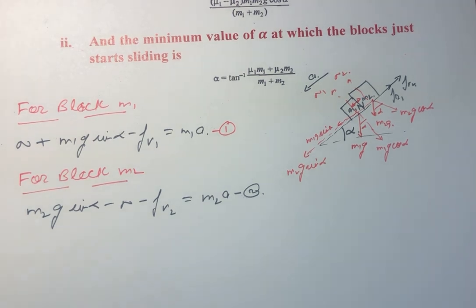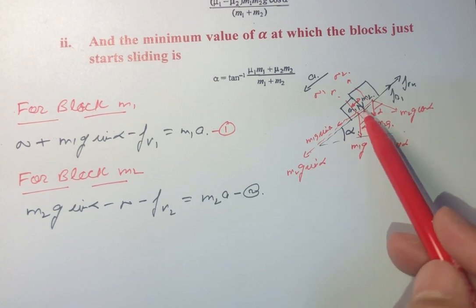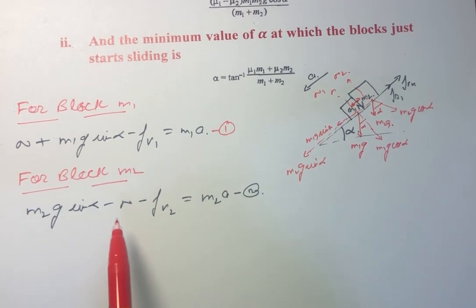So in the first case we are going to find the force of interaction between the blocks. It means we are basically interested in finding what will be our n.